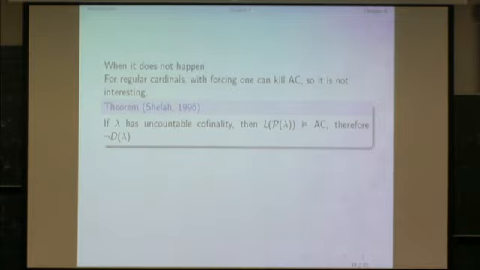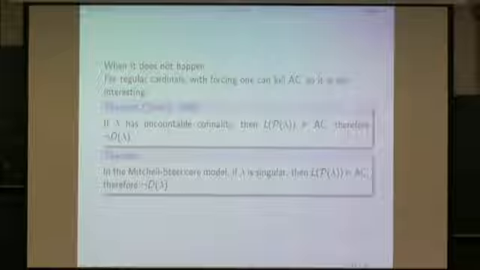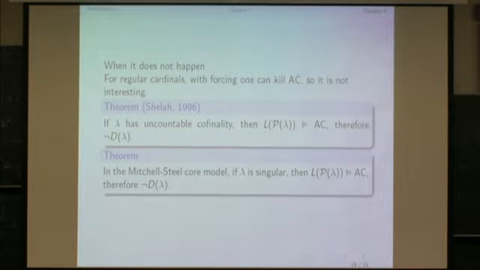Now there is a theorem that if lambda has uncountable cofinality, then L(P(lambda)) satisfies choice, so it cannot satisfy all the things I said before. Then in the Mitchell-Steel model, if lambda is singular, then also L(P(lambda)) satisfies choice. So it seems something really rare: just think of lambda plus measurable and theta a weakly inaccessible limit of measurable cardinals.